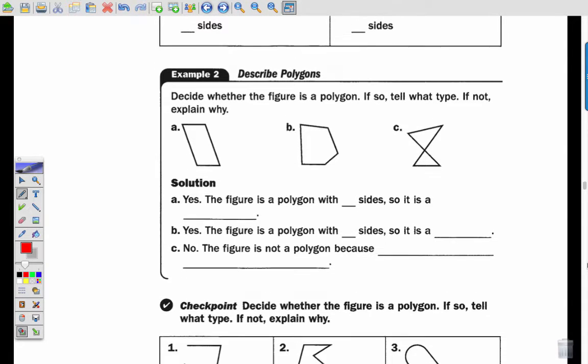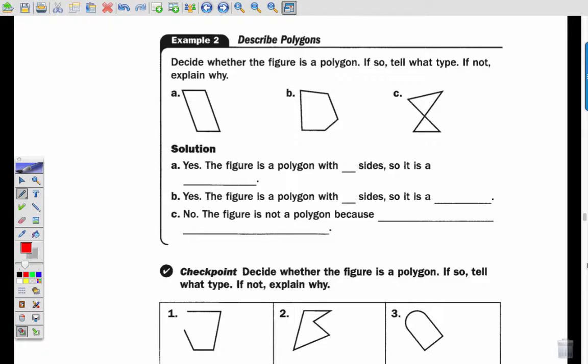Let me move it up a little. So we have to decide whether the figure is a polygon and then explain the reasons. The first two, A and B, obviously they are polygons. The first one has 4 sides. So let me change it back to blue color.